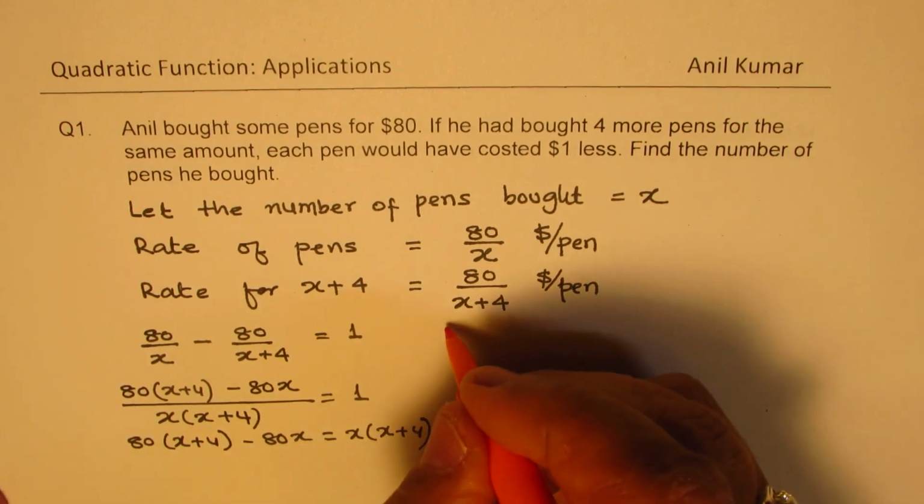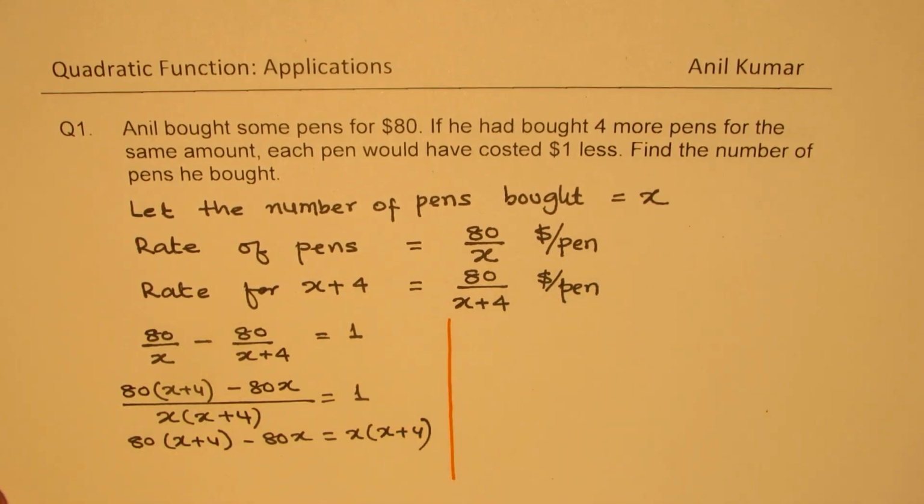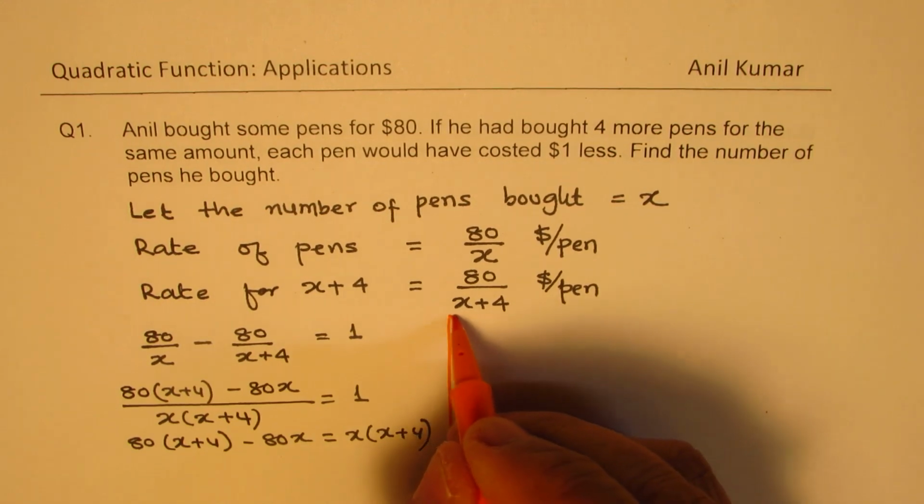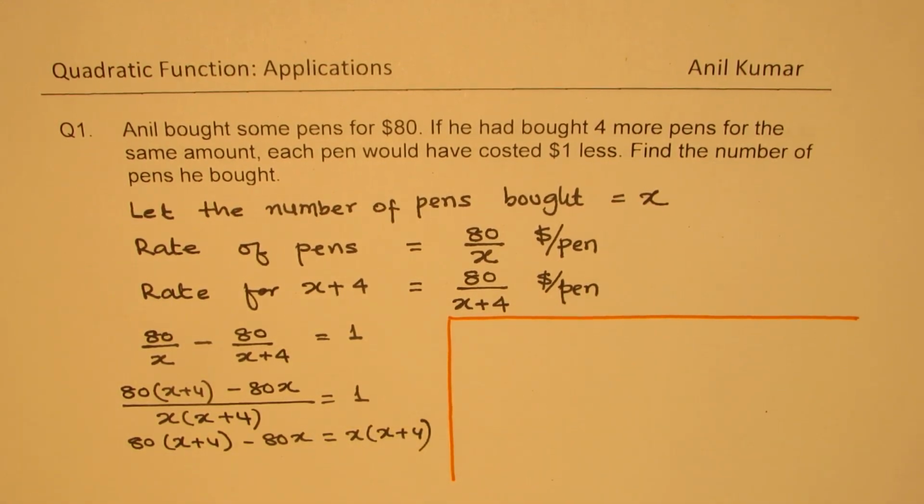We need to now solve for x. One way is, of course, you can expand and simplify. The other way is we can factor out 80, right? And then we can just expand and simplify. So 80 times x is 80x. Let me write like this. Okay.